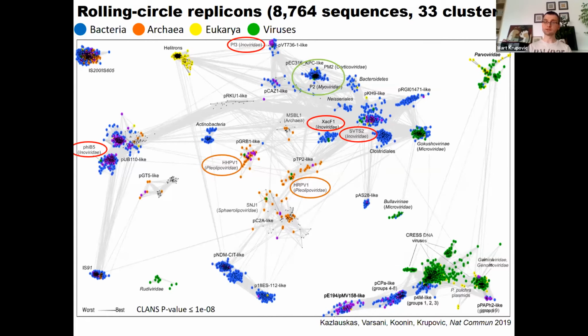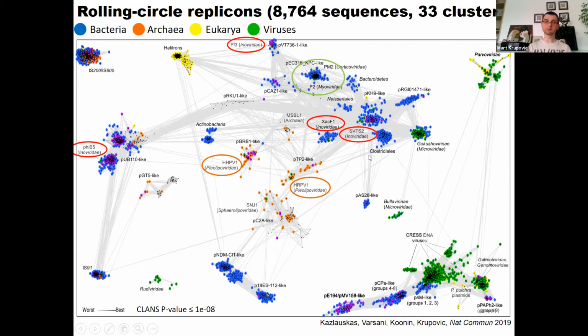Instead, viruses from even the same families form distinct clusters with different groups of bacterial or archaeal plasmids, as in the case of these archaeal viruses of the Pleolipoviridae family, or filamentous phages, which are found in 4 different clusters, grouping with different families of bacterial plasmids.